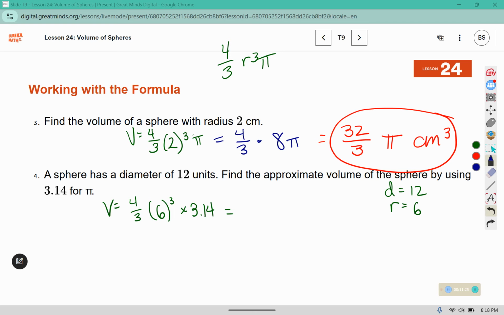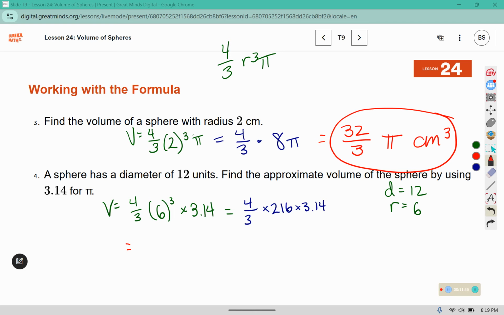Six times 6 is 36, and then we multiply that by 6 to cube it. So 36 times 6 is 216. Four times 216 divided by 3.